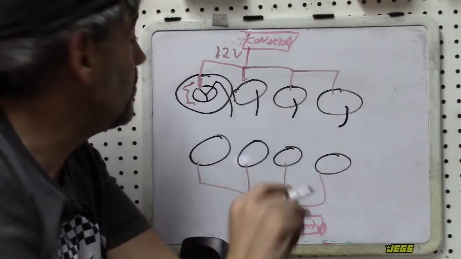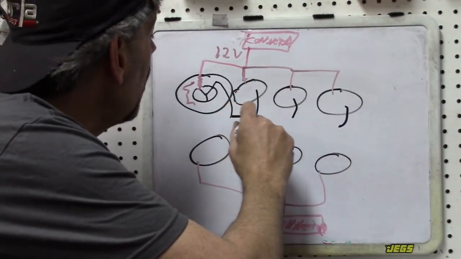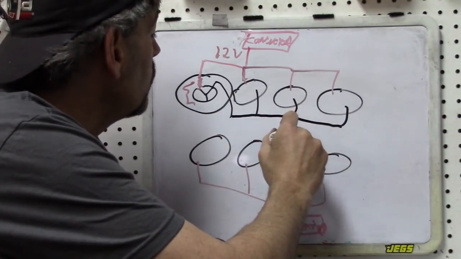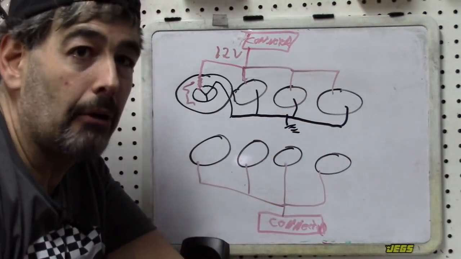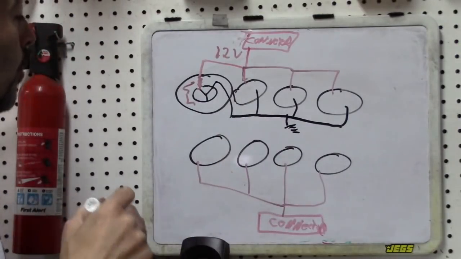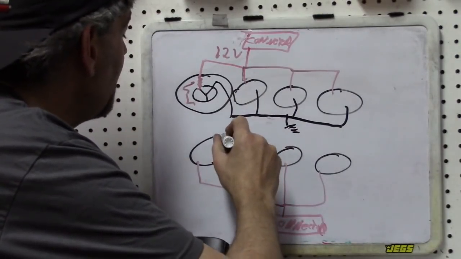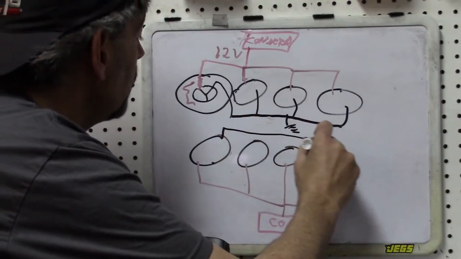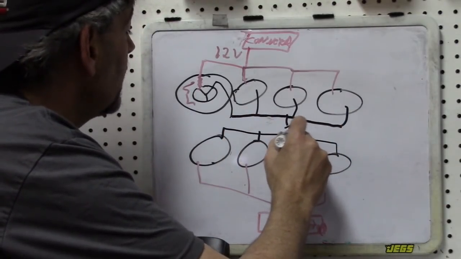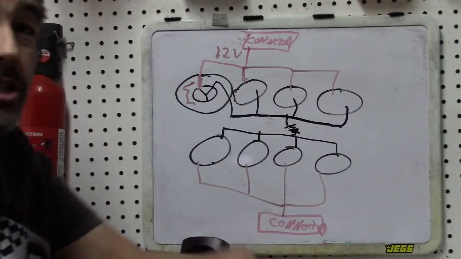There's no reason to do that. These grounds are also going to be common, and they are going to go directly to ground on the engine block. That's exactly how that's going to work. The same thing's going to happen here. These are also going to feed to a common ground that is going to go directly to the engine block.